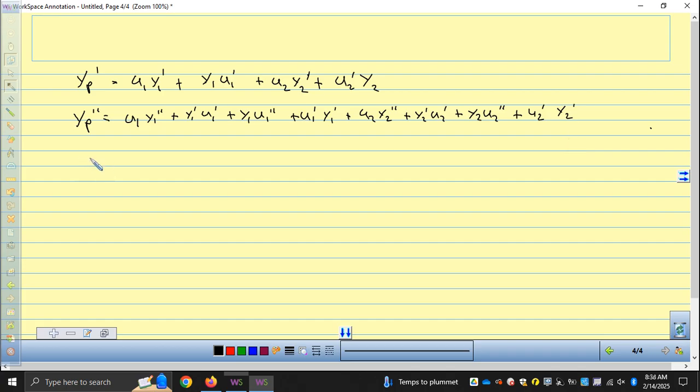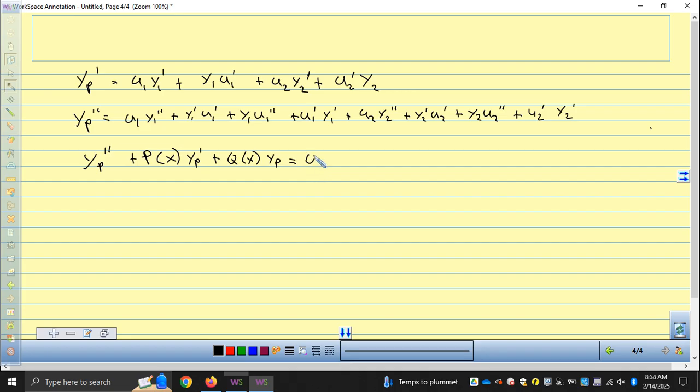So y sub p double prime plus p of x y sub p prime plus q of x y sub p, substituting into our equation. When we substitute all of this in, I'm going to gather the terms that have a u1 and factor that u1 out.